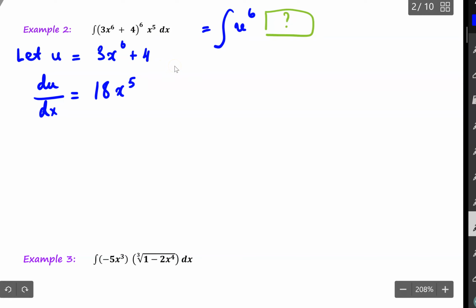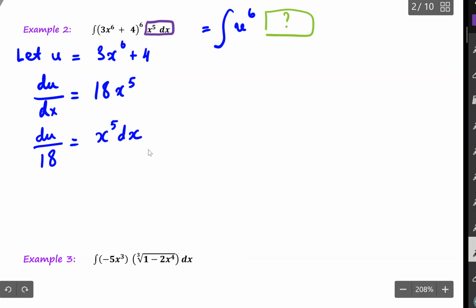So what I'm going to ask you now is to take a look at the rest of the integrand in the original question. It said x to the exponent 5 dx, and you want the exact match right here. Alright, the exact match. So what you need to do is divide 18 over to the side of the equation, and then multiply dx over to the other side of the equation. So now you see the algebra will have to apply over here.